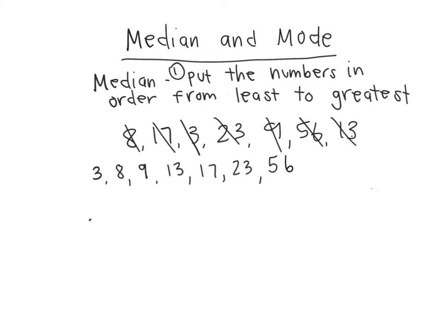Okay, so then step 2 is you need to find which number is in the middle of this whole row. So find the number in the middle. Oh, sorry. Let me just fix that because it's too close together.